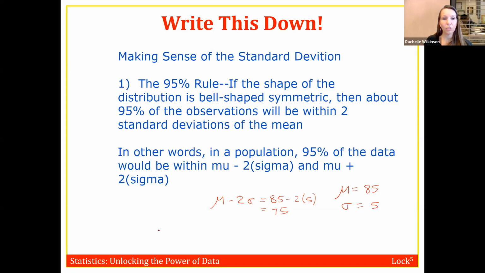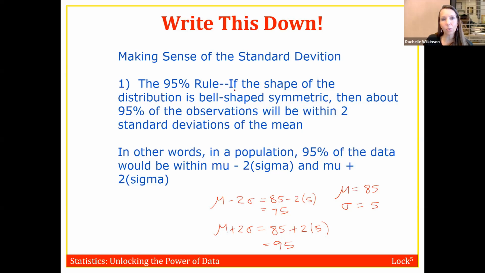Now I'm going to do the same thing with mu plus 2 sigma. That gives me 85 plus 2 times 5. Again, 2 times 5 is 10, so 85 plus 10 is 95.